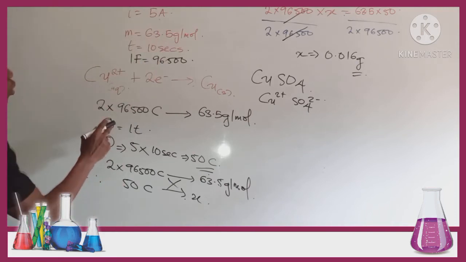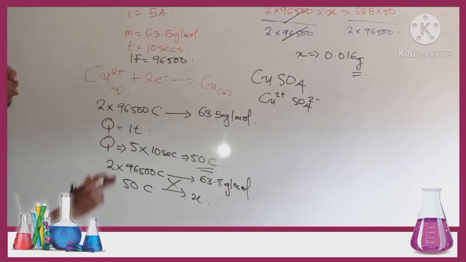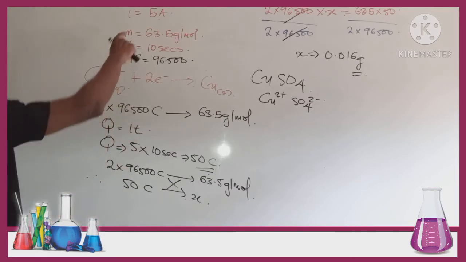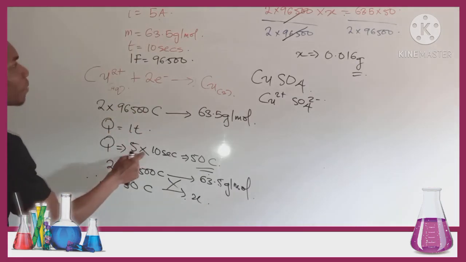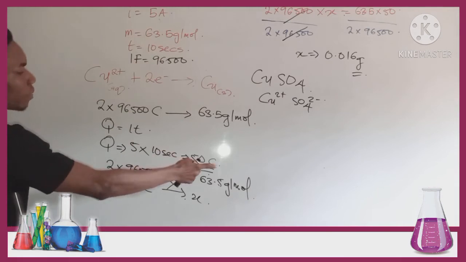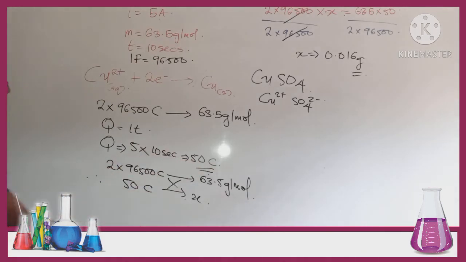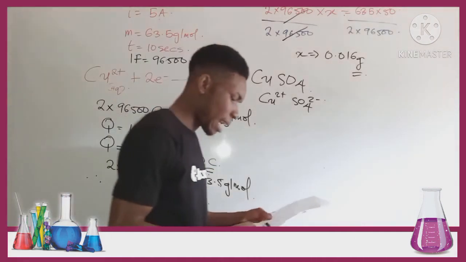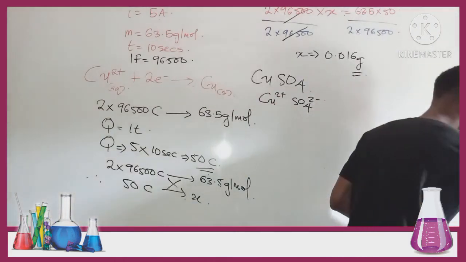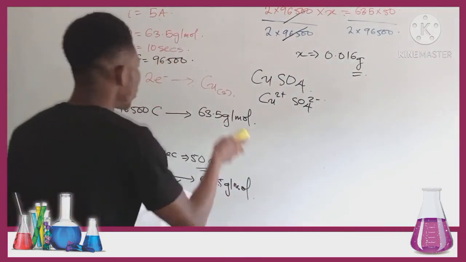How do we calculate Q, the quantity of electricity? Q is equal to IT. I is 5 ampere, so you say 5 times time, 10 seconds, which is 50 coulomb. When you cross multiply and simplify, you get your final answer. So that is how to approach the solution to that question.